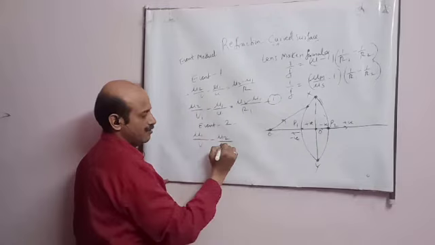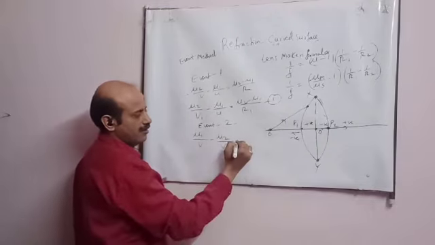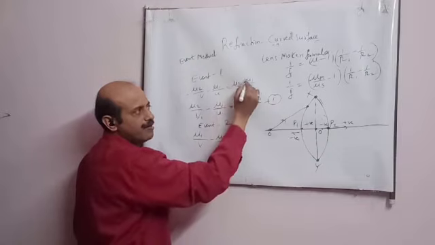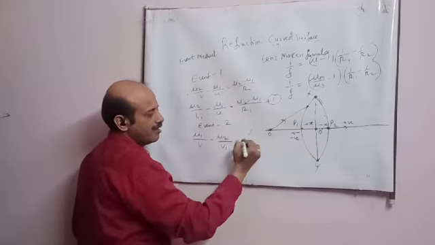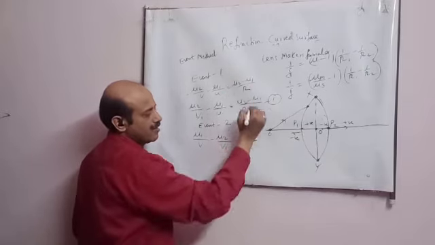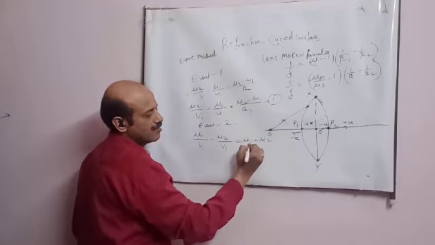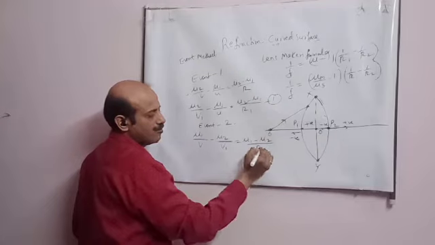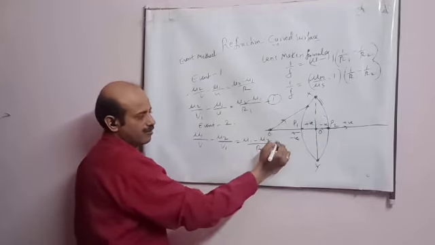Image of this, student, is equal to mu2 minus mu1, second is air here, first is glass, upon R2, student. R2. Now I am not writing the sign of R2, student.